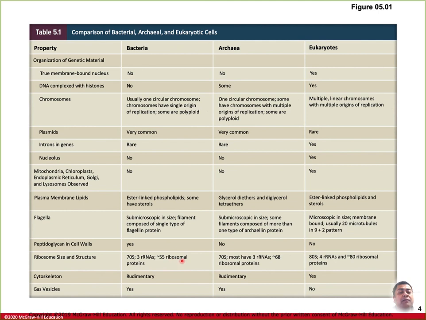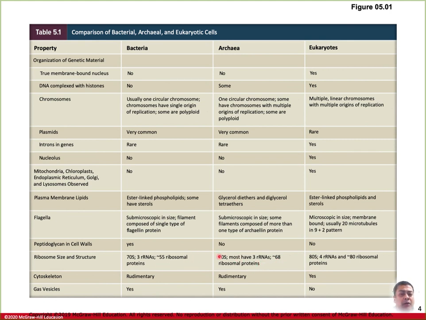The rest comes from protein. On the other hand, archaeal ribosomes are also 70S. Similarly, you have 16S ribosomal RNA in the smaller subunit. The larger subunit has 23S and 5S ribosomal RNA, but in addition it may have a 5.8S ribosomal RNA as well, and the rest are protein.